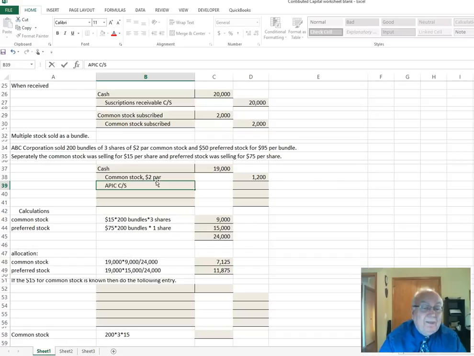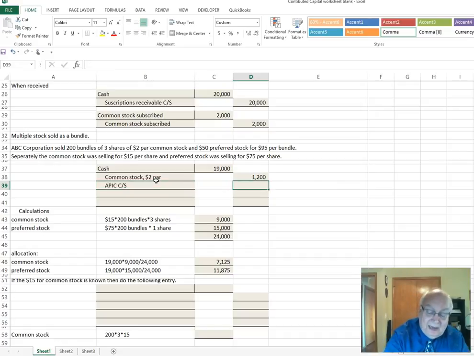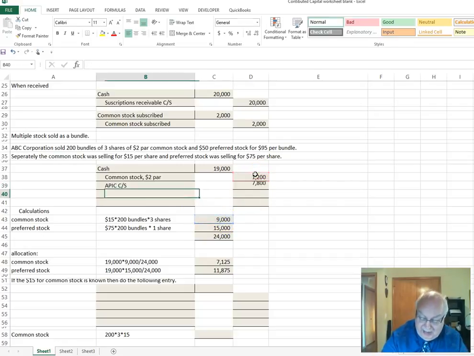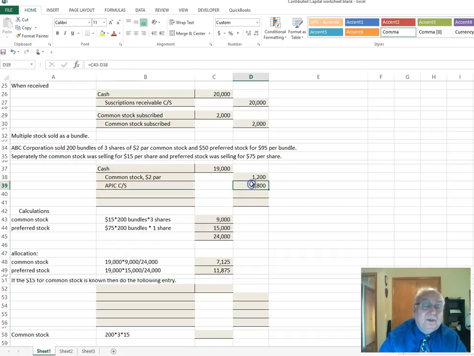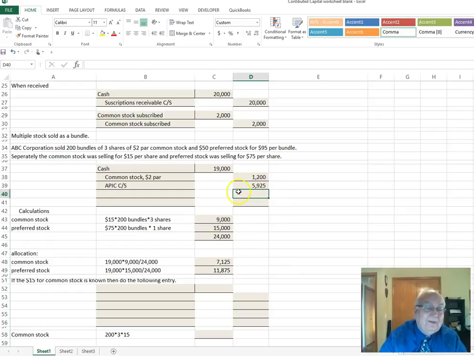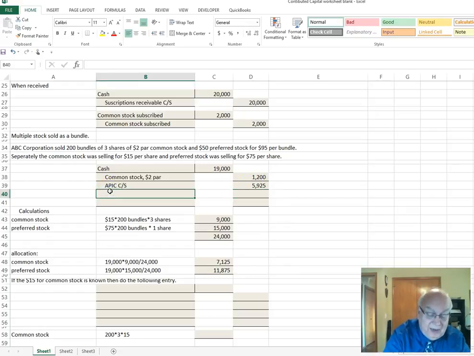That's going to be equal to, well, it contributed 9,000 minus the 1,200 we already have recorded. No, sorry, wrong numbers. Let's try this again. It's equal to the 7,125 that we said is allocated, minus the 1,200. See, I grabbed the wrong set of numbers. So 5,925.